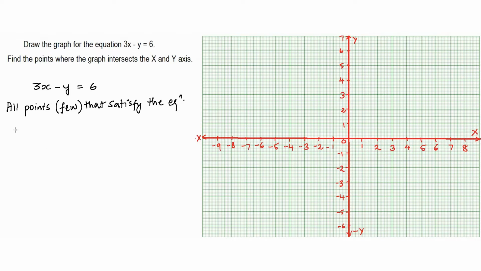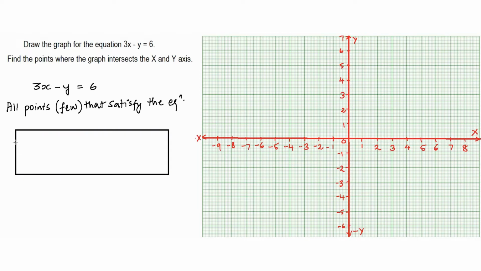What I mean by that is, let us find some values of x and y which satisfy this particular equation. If you take a look at this equation very carefully, you will notice that the coefficients of x and y are 3 and minus 1, and the right hand side is equal to 6. So 3 and 1 are both factors of 6. I can substitute different values for x and find the value for y. For example, 3 is a factor of 6.